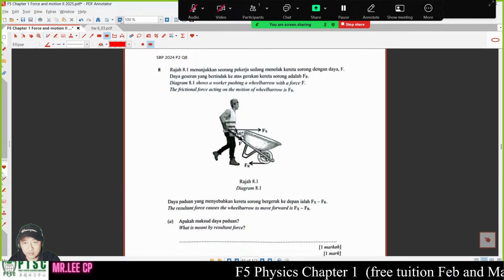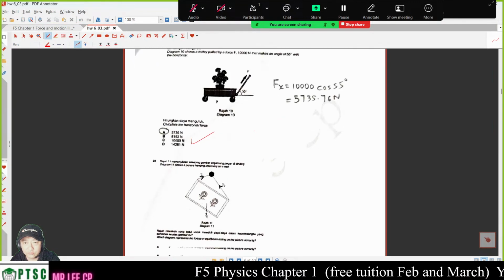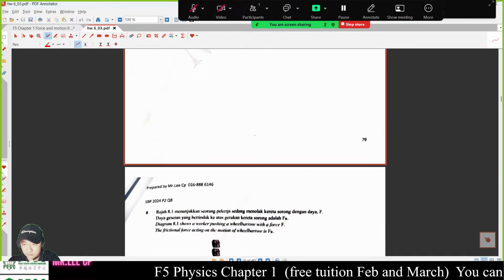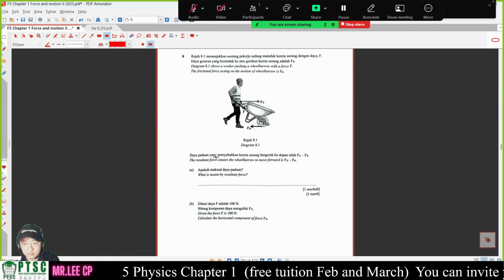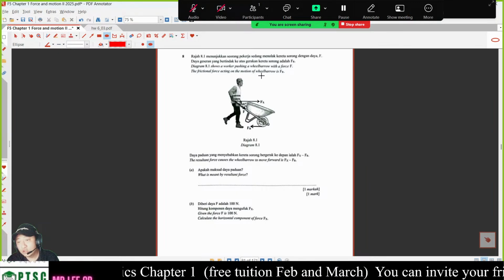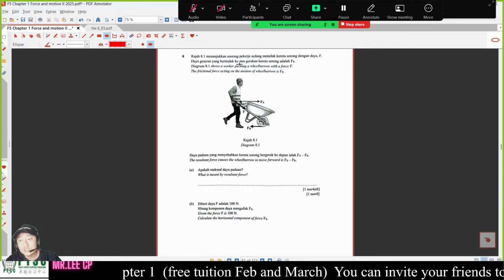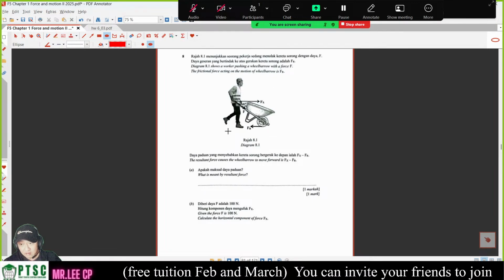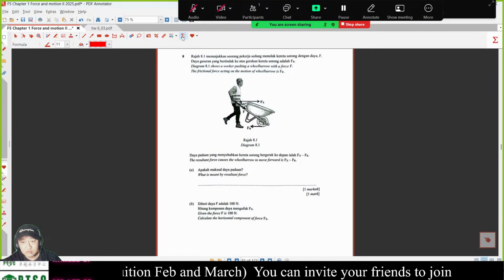All right. Okay, I make it smaller. Now, diagram 8.1 shows a worker pushing a wheelbarrow with the force F. The frictional force is FR. What is meant by resultant force?